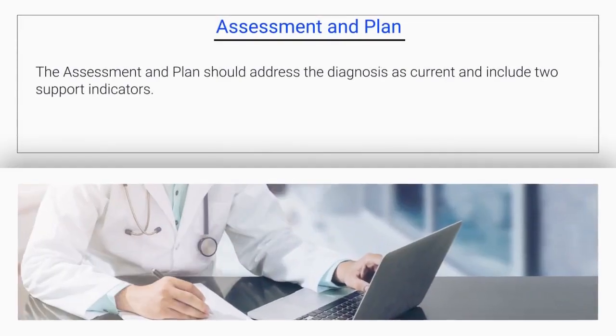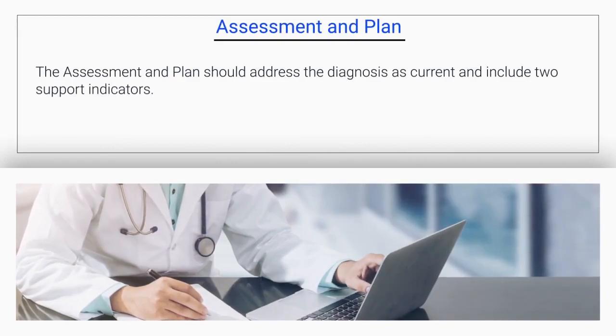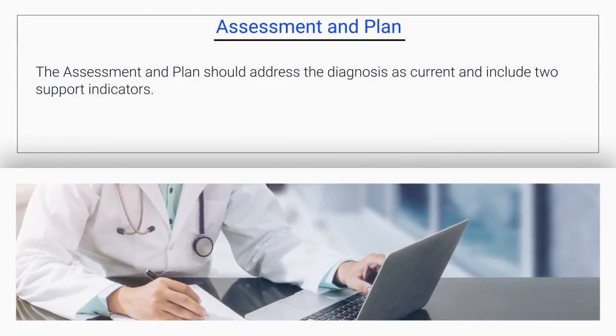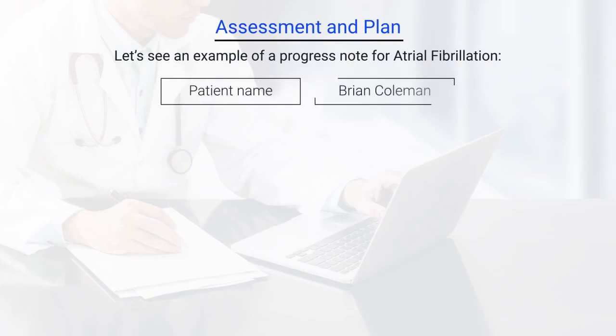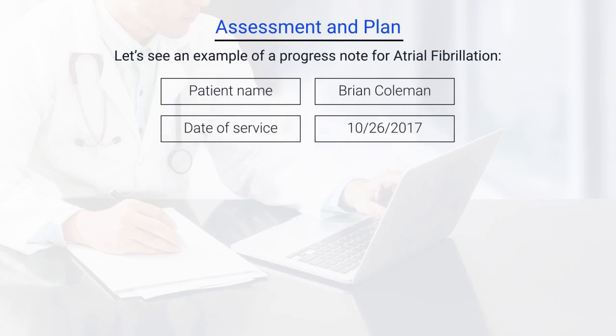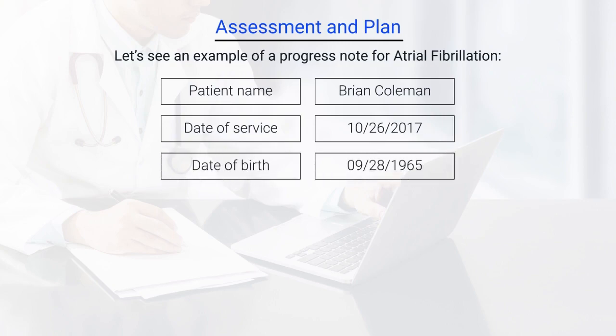The assessment and plan should address the diagnosis as current and include two support indicators. Let's see an example of a progress note for peripheral artery disease. Patient name: Brian Coleman. Date of service: October 26, 2017. Date of birth: September 28, 1965.